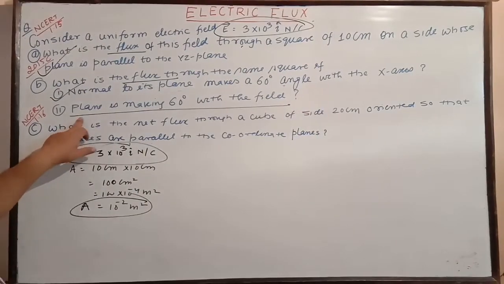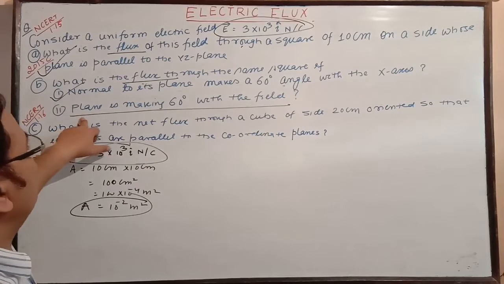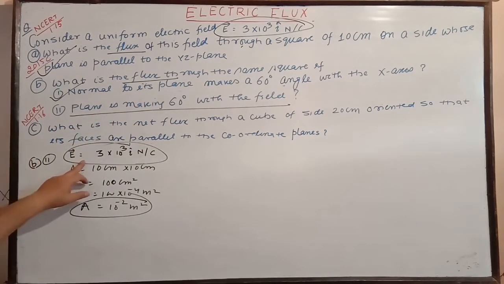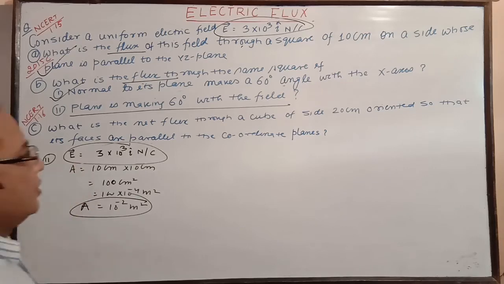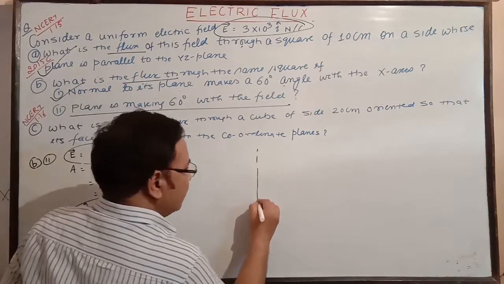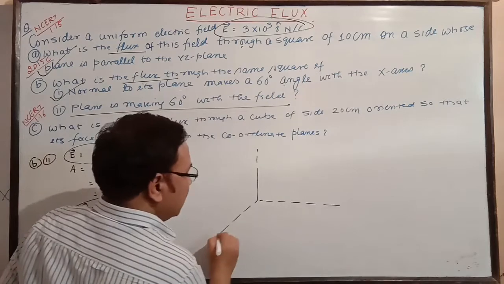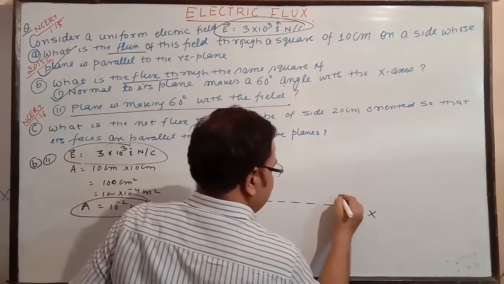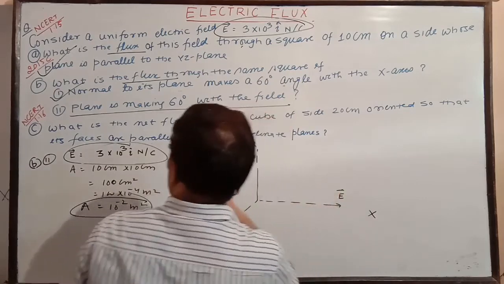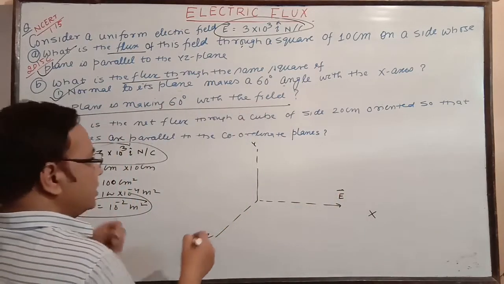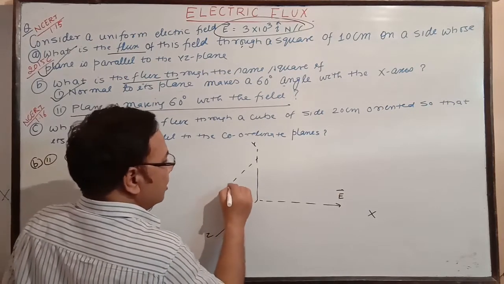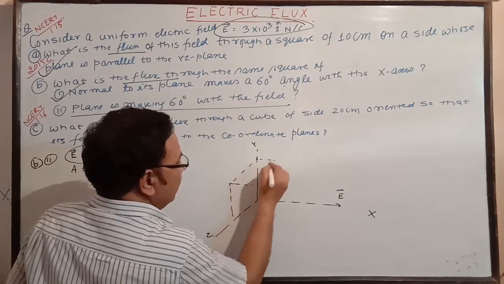Now the second part, part B: the plane is making 60 degree with the field. So E is this, A is this, remains the same. 60 degree with the field means we are having axes like this, X, Y, Z, with the electric field the same as what we have. Suppose this plane was in the YZ plane.